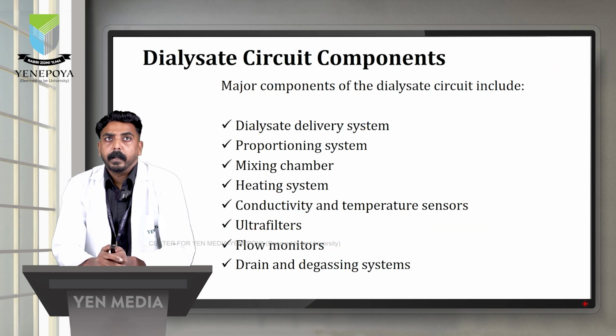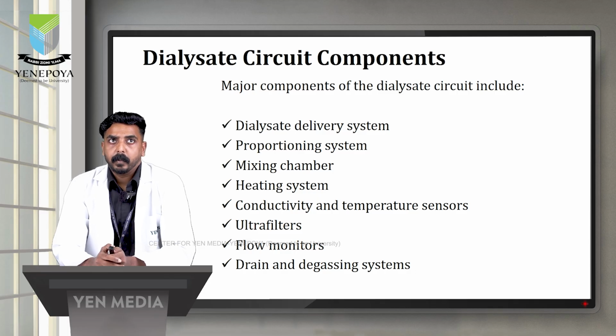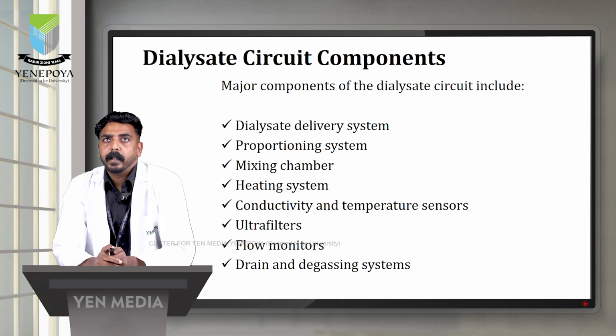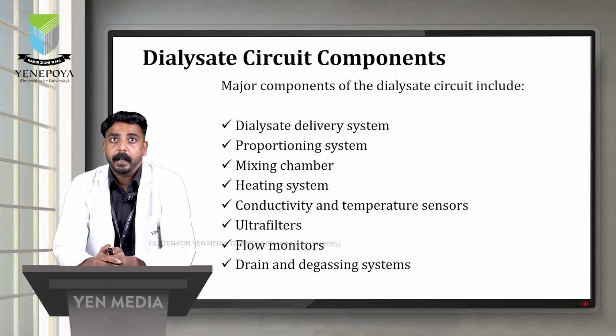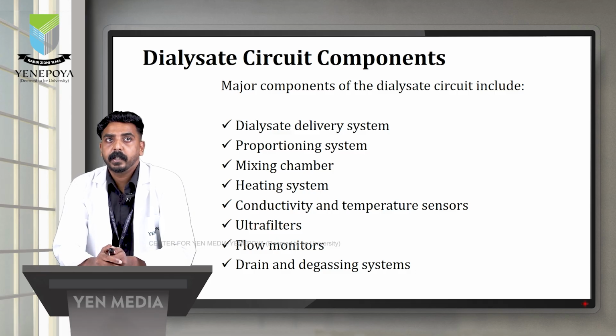Coming to the components of the dialysate circuit, the major components include the dialysate delivery system, proportionating system, mixing chamber, heating system, conductivity and temperature sensors, ultrafilters, flow monitors, drain and degassing systems.